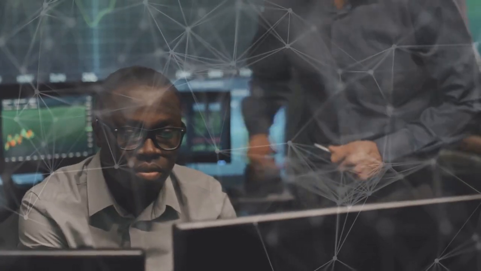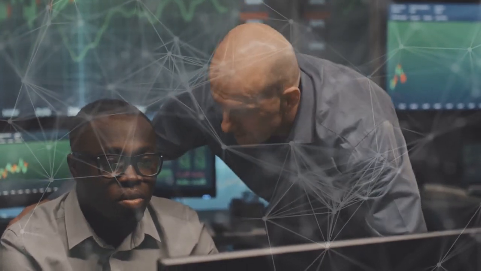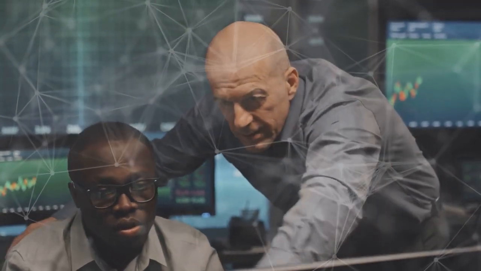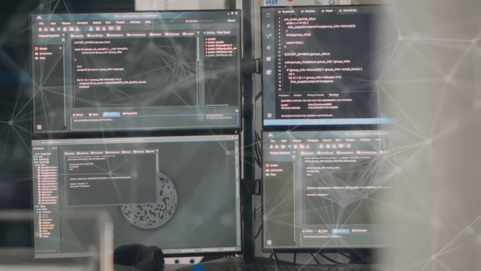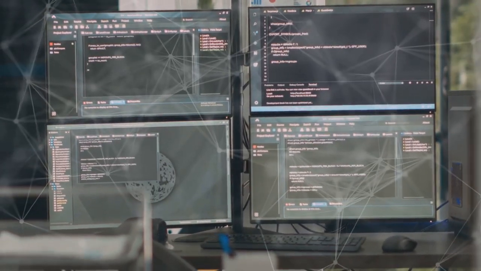This is fantastic news for anyone who wants to create trading strategies but doesn't want to dive deep into coding right away. How does ChatGPT do this? Well, it has been trained on a massive amount of text and code from the internet. This includes countless examples of PineScript.